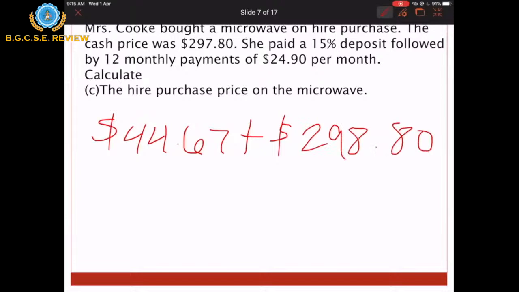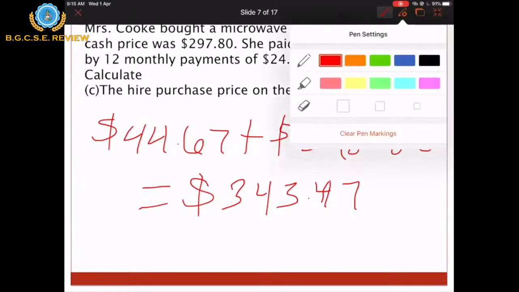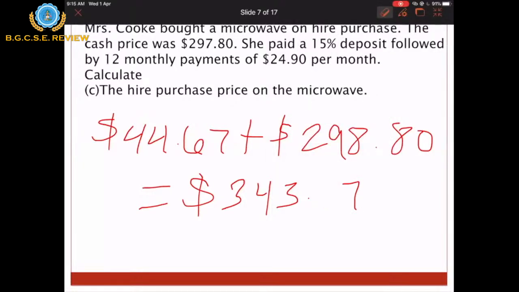So her total hire purchase price is going to be $343.47. All right, if you didn't get that, please check your working and make corrections.